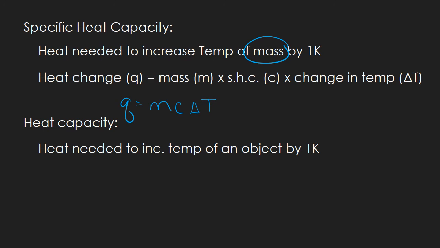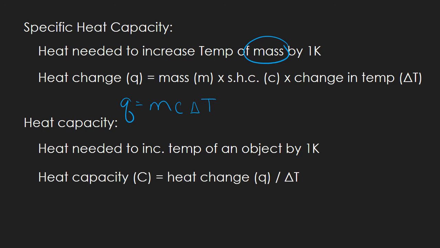So if we have a swimming pool versus an open lake, or we have asphalt versus concrete, they're not the same mass, and there are multiple different compounds present, and it's not just one compound because it's specific heat capacity. It's specific to one compound. If we're looking at something that has a mixture in it, we can't be specific, so we can only look at the heat capacity itself.